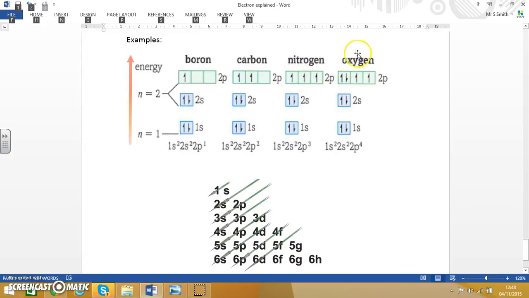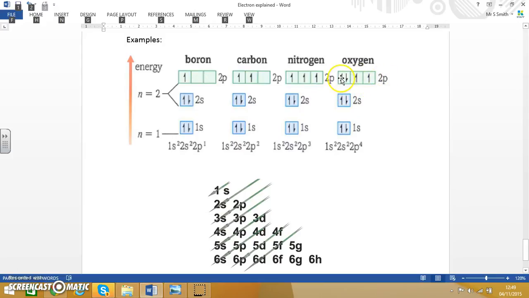And moving on to oxygen. Oxygen has an atomic number of 8. So it has 8 electrons, 2 in the 1s subshell, 2 in the 2s subshell, and now we have 4 electrons to place in the 2p subshell.